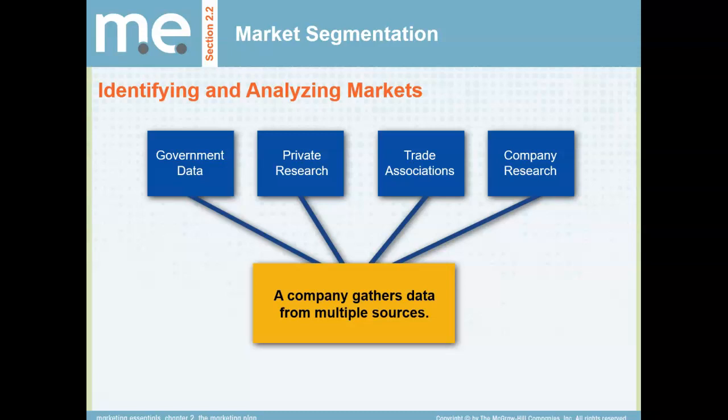Private research, there are companies that are in the business of doing research. And then government data: the government surveys various data points and collects data for providing economic indicators. And we talked about those in the last section, actually. And so a company will use all of that data from all of those places to try and make sense of the market and how they want to target customers.